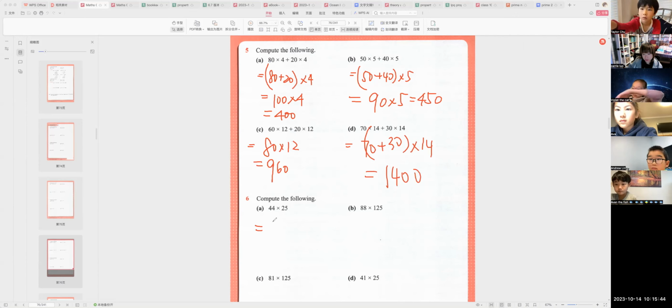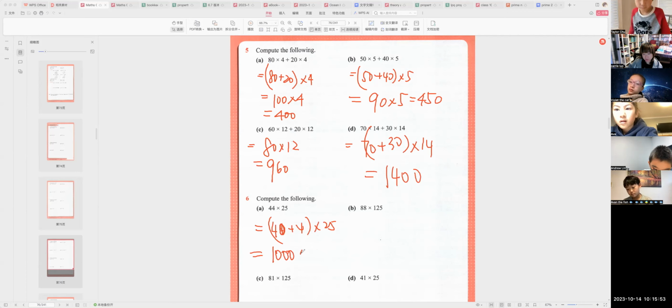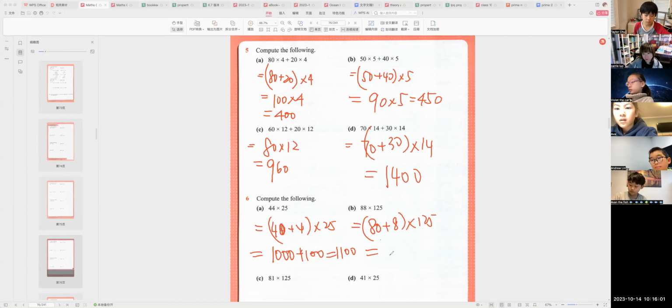Okay, so let's take a look at this one. Next one, you have to do what? 40 plus 4 times 25 equals 1000 plus 100 equals 1100. And 80 plus 8 times 125 equals 10,000 plus 1000 equals 11,000.